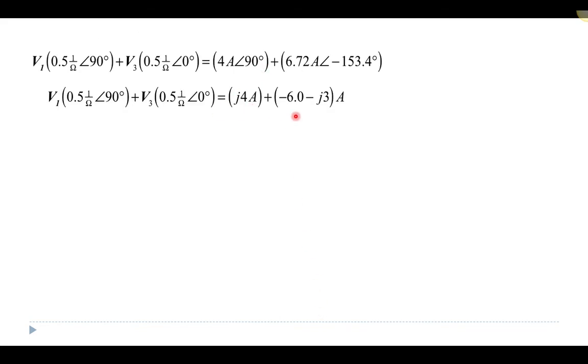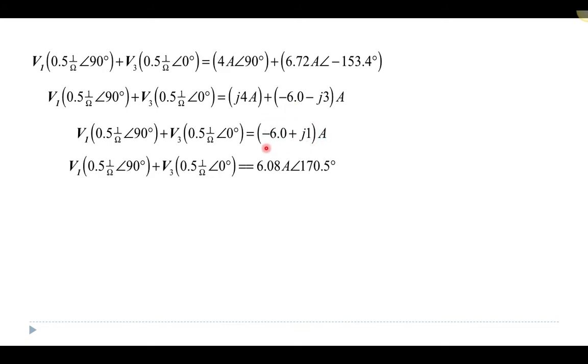I have an imaginary part for the first term, and a real and an imaginary part for the second term. I can combine those together and get a real part and an imaginary part. I can put this back into polar form and I get 6.08, phase angle of 170.5.